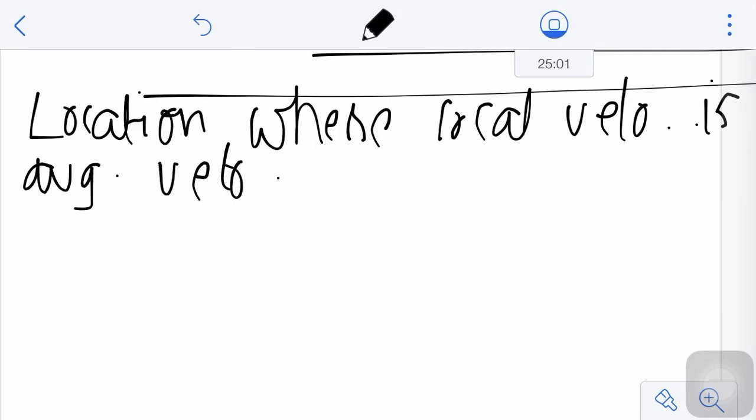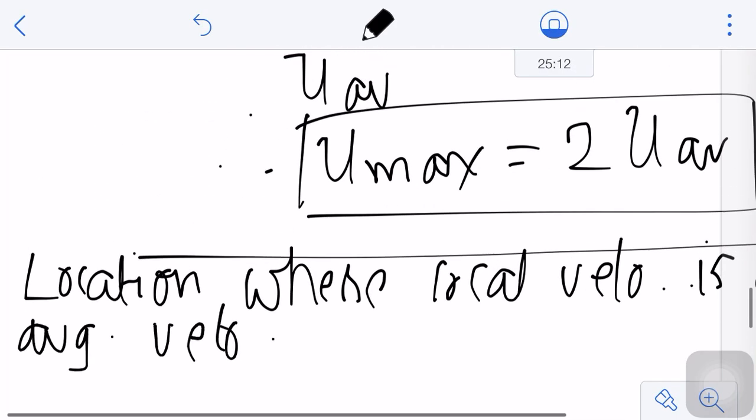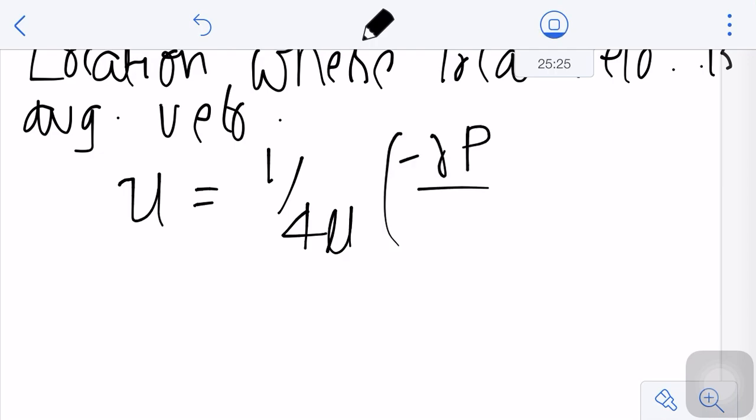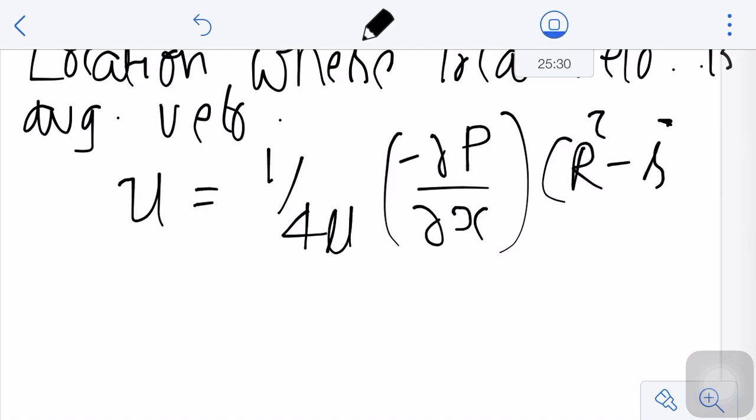The equation of local velocity we have just discussed above: u is equal to 1 upon 4 mu minus ∂p upon ∂x bracket (capital R square minus small r square), right? And this equation can now be divided by the maximum velocity, which is nothing but u max.